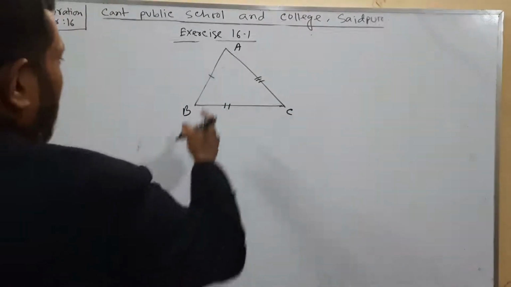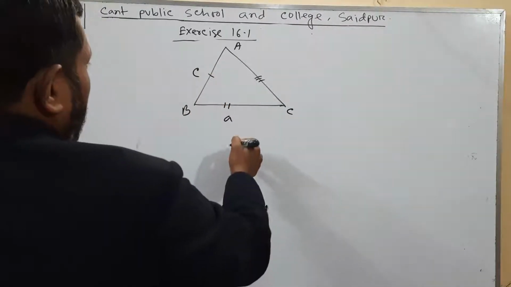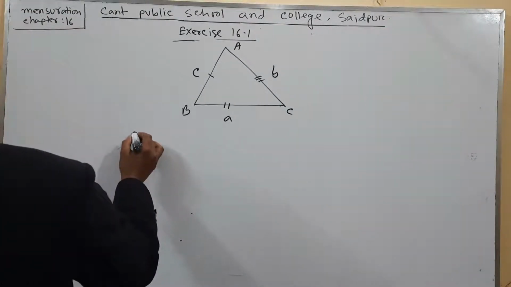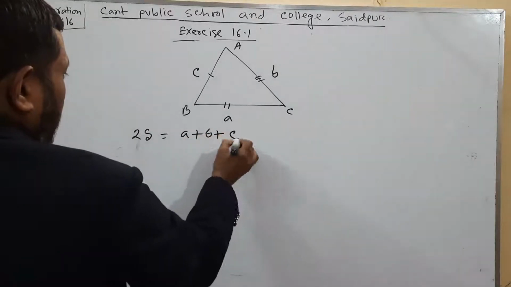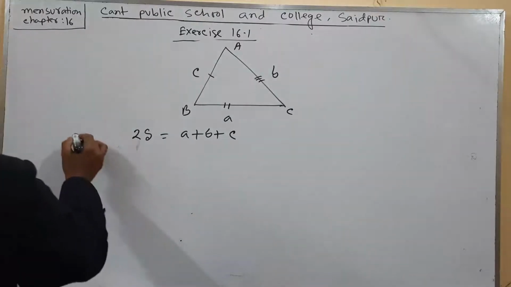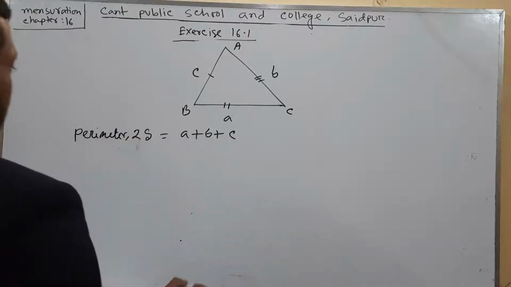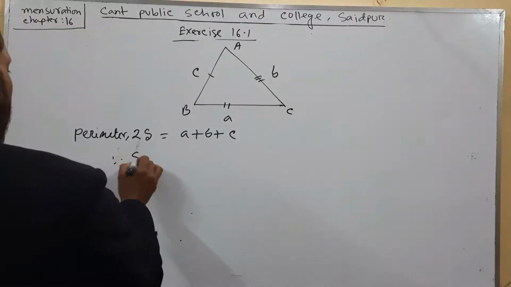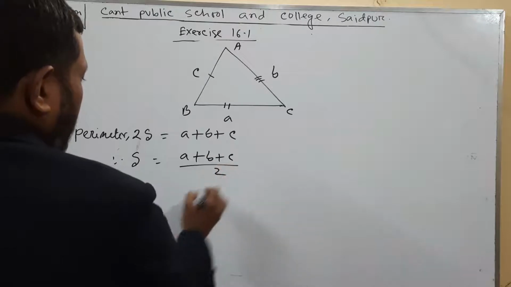If the length of AB is c, BC is a, and AC is b, then the perimeter 2s is equal to a plus b plus c, that is, the semi-perimeter s is equal to a plus b plus c by 2.